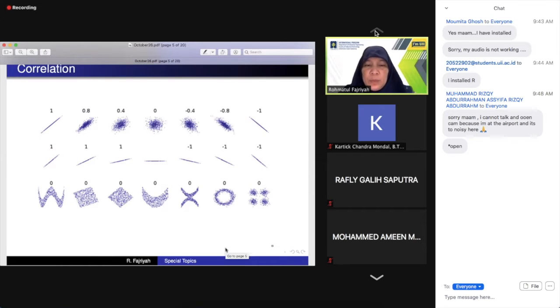So that's why you have to do pre-processing. Once the pre-processing is finished, then you can do visualization. If you have two variables, we can visualize the relationship between them by using a scatter plot in R, okay? And then after that, you can see if there is a relationship or not between these two variables.